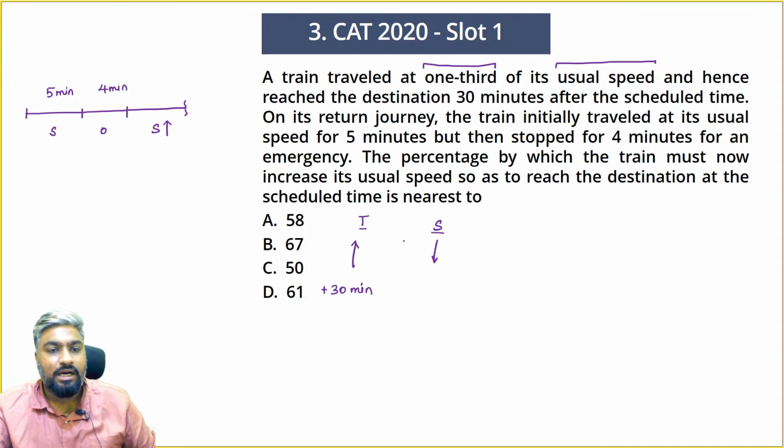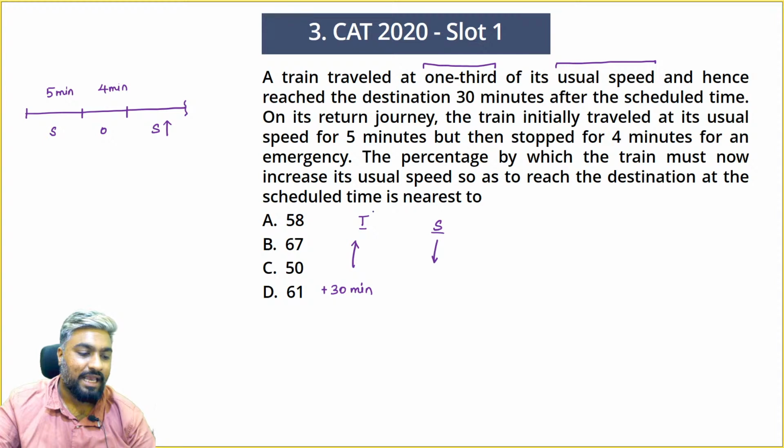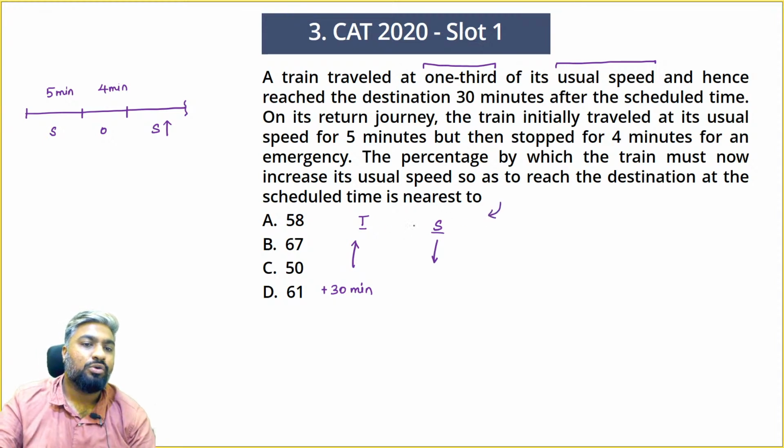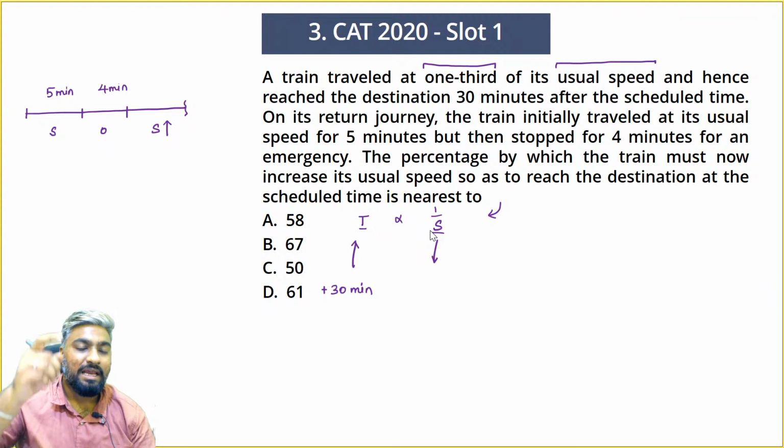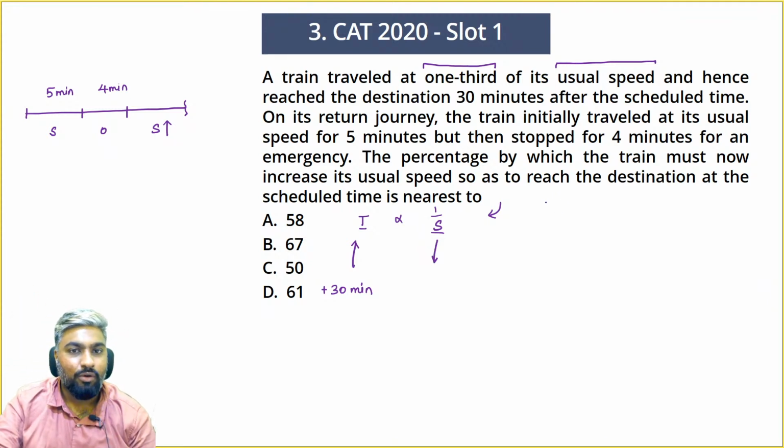So when I write this, can anyone tell what I am getting at? Speed and time are inversely proportional, correct? When time increases, speed decreases. People who know me or have attended our sessions know that this is the A by N rule, correct?